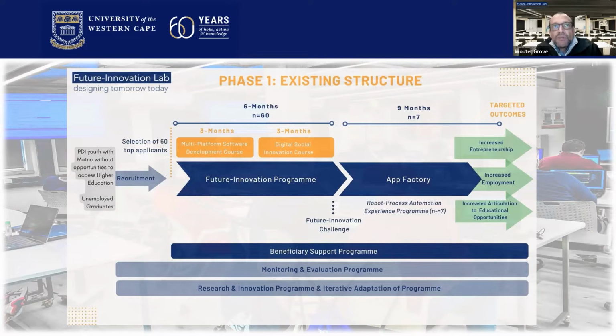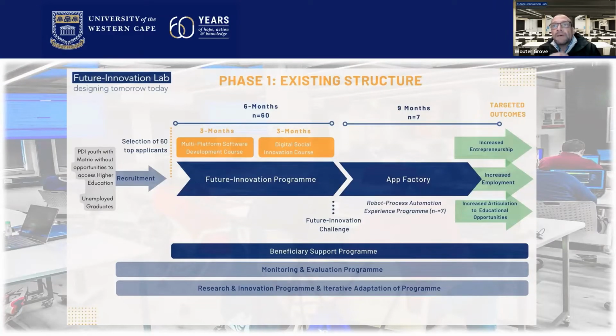So a short summary of the structure is we've got 60 students that are going into a program over 6 months. They're doing short courses that are integrated in a program presented by industry experts. It culminates in a project-based learning exercise called the Future Innovation Challenge, effectively an extended hackathon over 6 months, while we're developing skills, while we are taking people through the process of creating digital products.